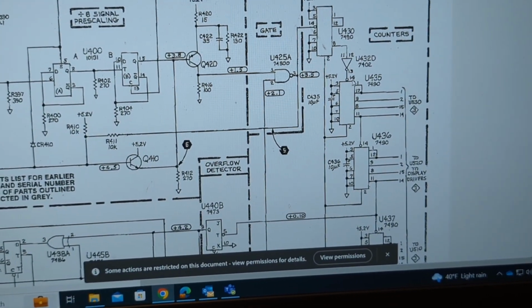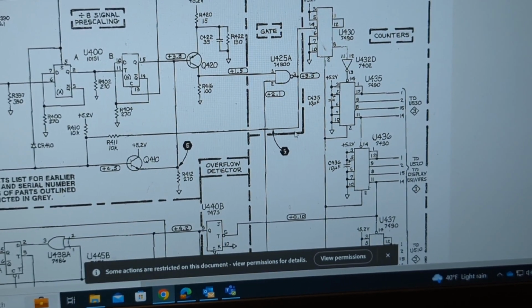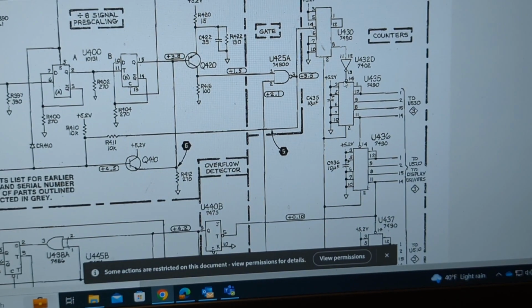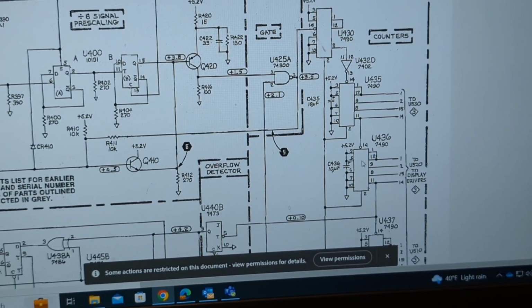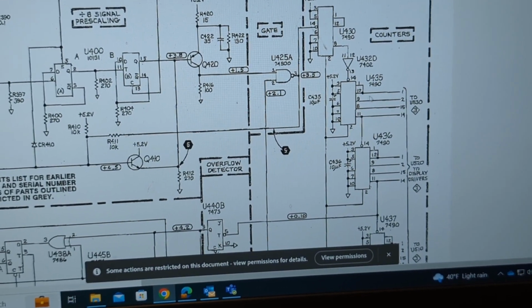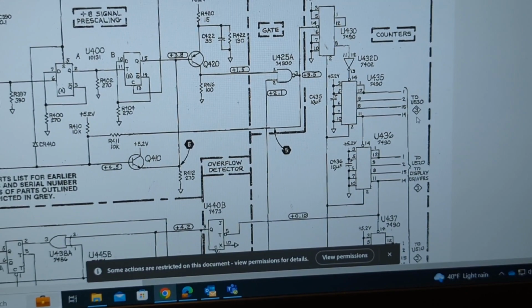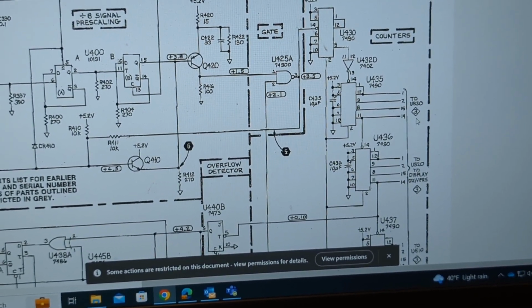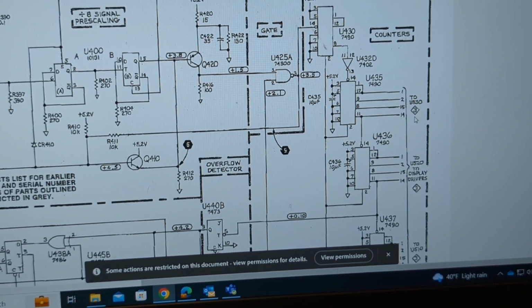So this should have been a clue. We knew that our clock signal was good, so if these counters were good, they should have been passing on information to the display drivers, and we should have been getting numbers on the frequency on the LED display, but we weren't.